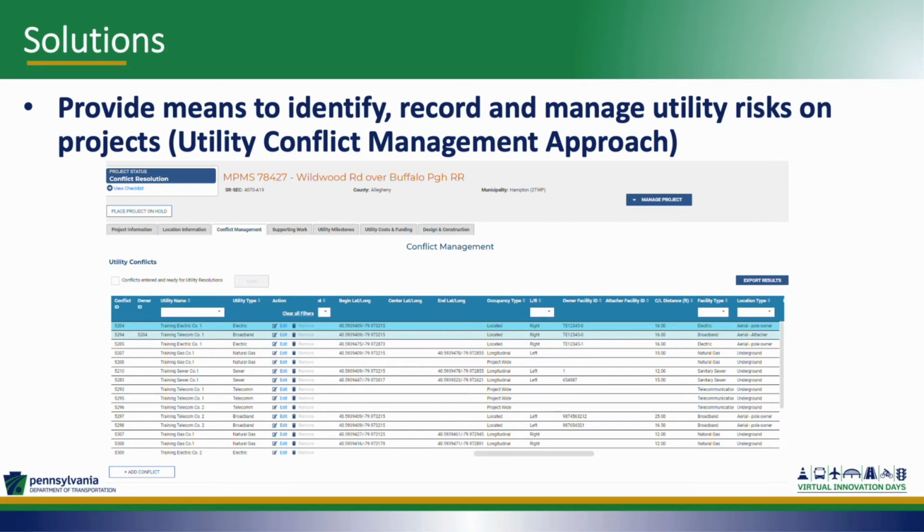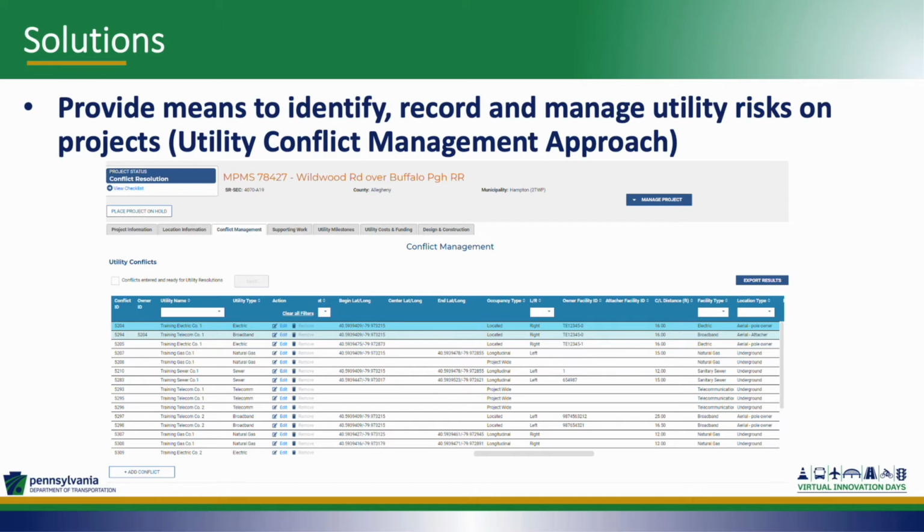As I had indicated earlier, during the development of the project and the application, we identified that the conflict management approach was something that we wanted to integrate into our app, and we did so. What you see here up on screen is just a screen capture of the UCM, or the utility conflict matrix.